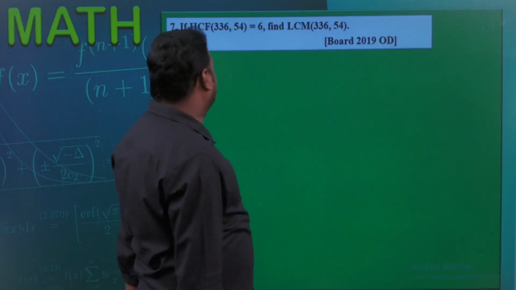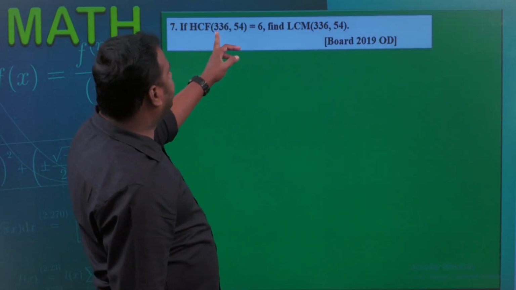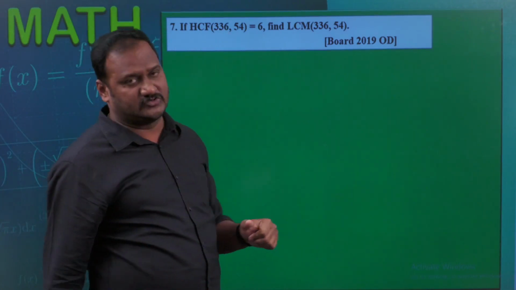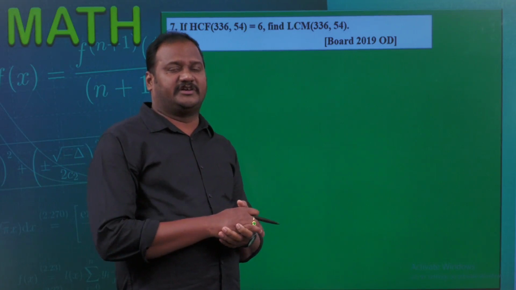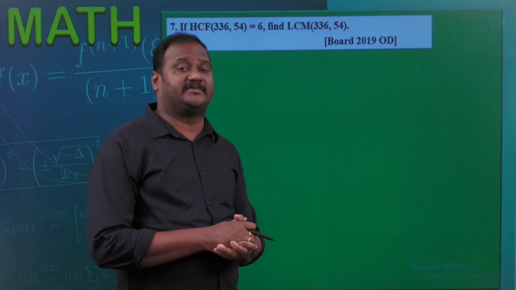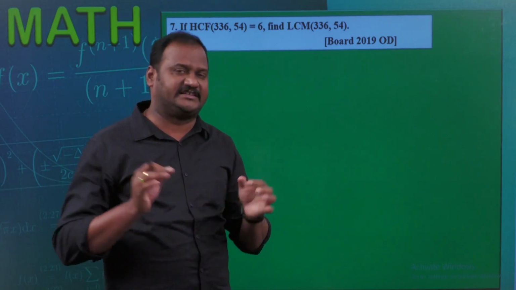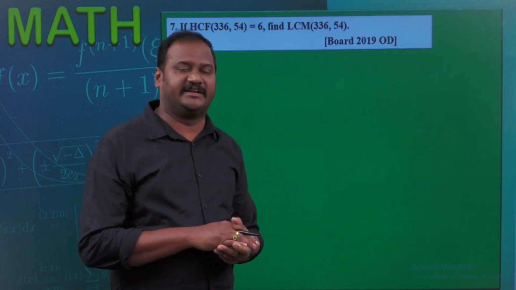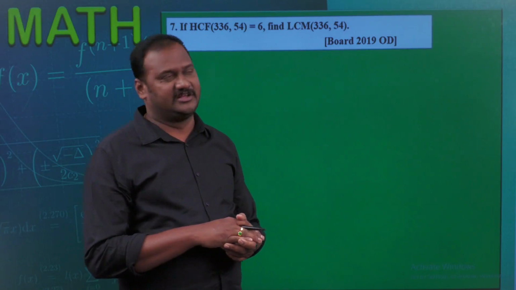Moving on to the next problem: the HCF of 336 and 54 is 6. Then what is the LCM of those two numbers? Have you any idea about the LCM and HCF of two numbers? Yes, there is a standard result.